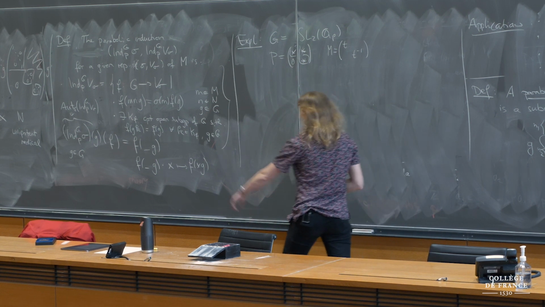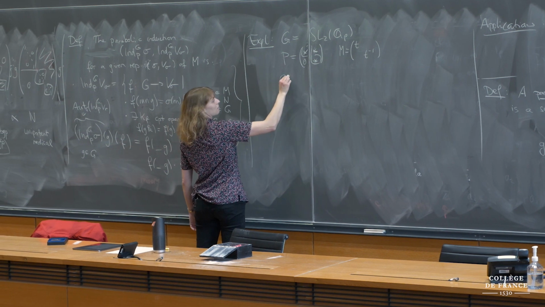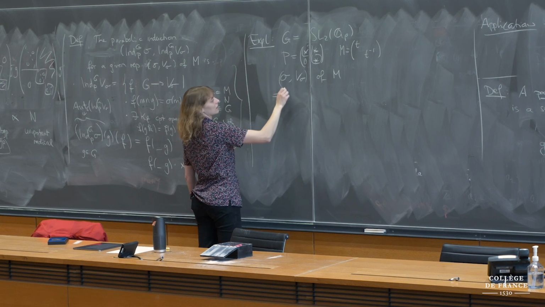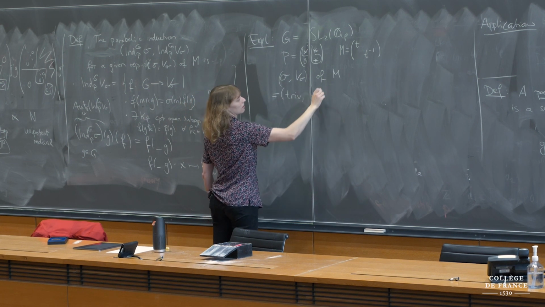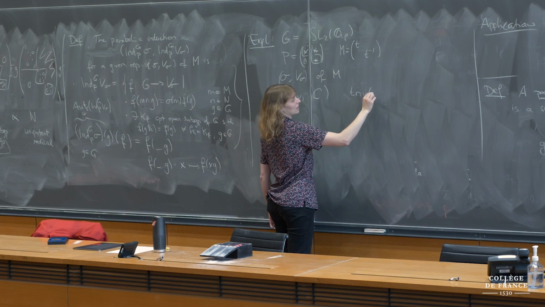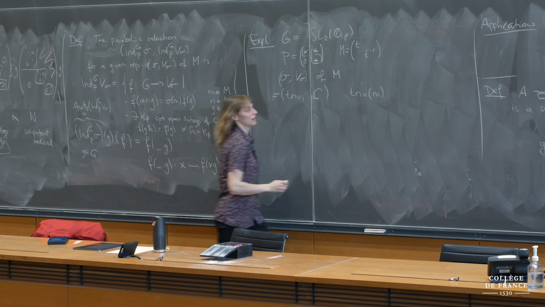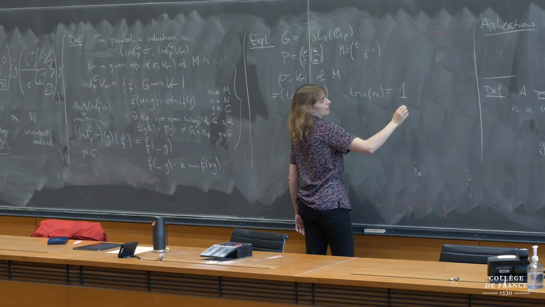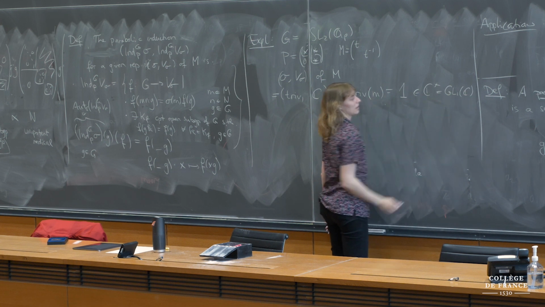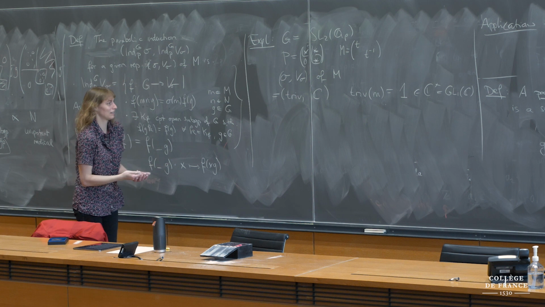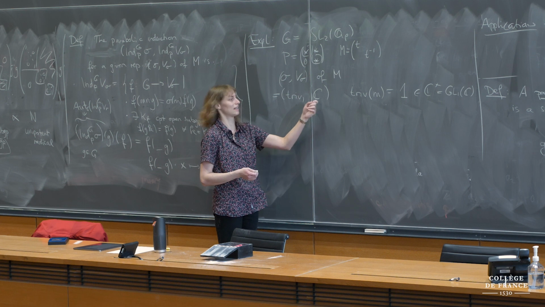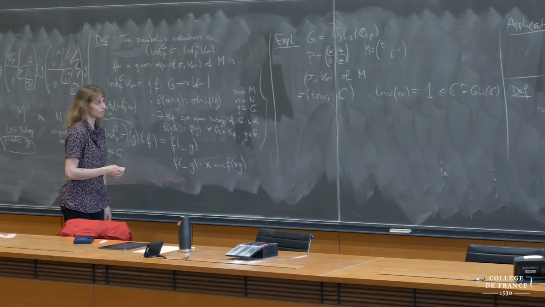And so now I need to take a representation sigma, V sigma, of M. And I want to take this to be the trivial representation acting on the one-dimensional vector space. So that means the trivial representation applied to a vector is just equal to 1 inside C star, which is just GL1 of C. So we just don't do anything. For every element of M, the trivial representation of M just does nothing on this one-dimensional vector space.